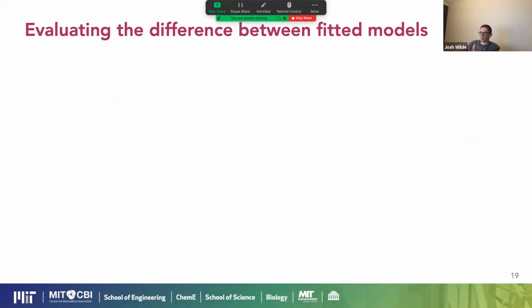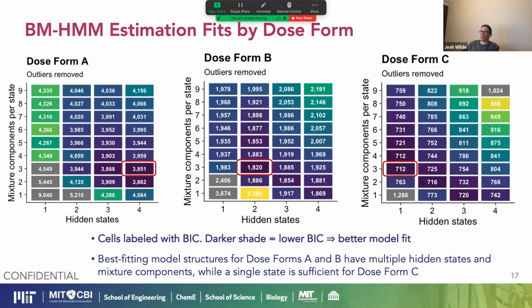We have all these models, and let's just take one of these panels, and we have all of these BICs, and so we have fitted parameters behind each one of these models. And the question is, how different are these models really? More precisely, there's a distribution that is induced by each one of these models. How different are these distributions?